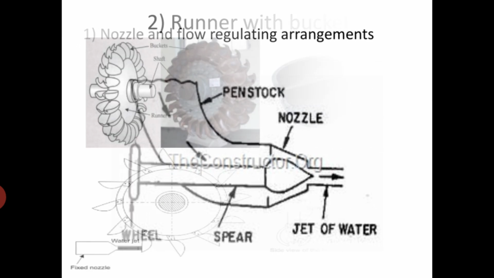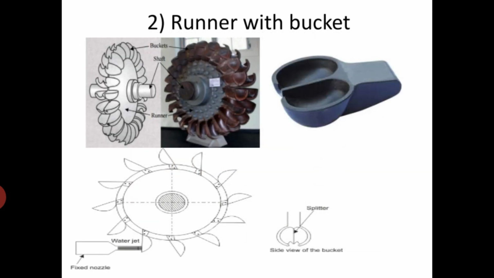The next is the runner with the buckets. The runner is nothing but the rotating part of the turbine. Here it is being shown. On the periphery of the runner, the buckets are fixed at equal distances, and this runner is coupled with the shaft.